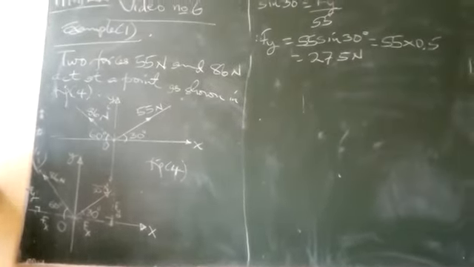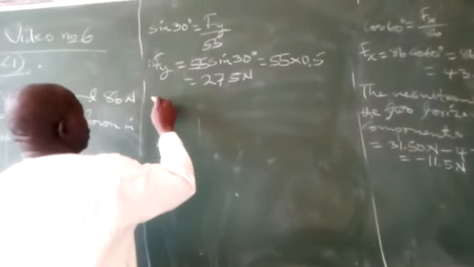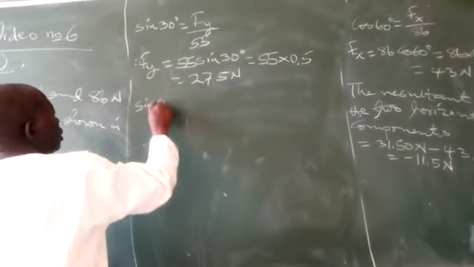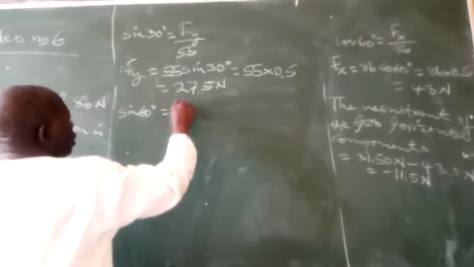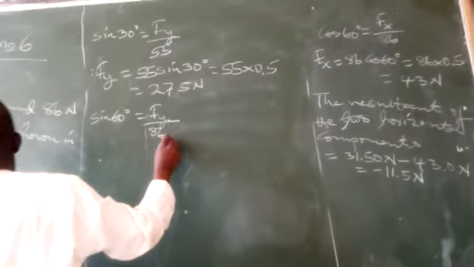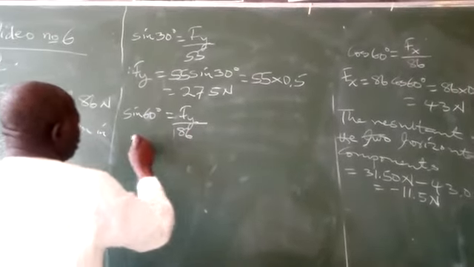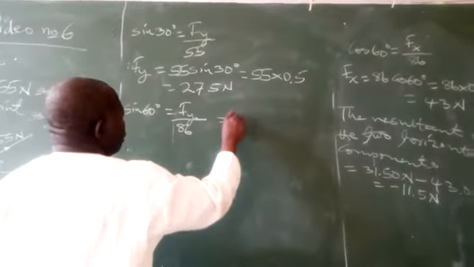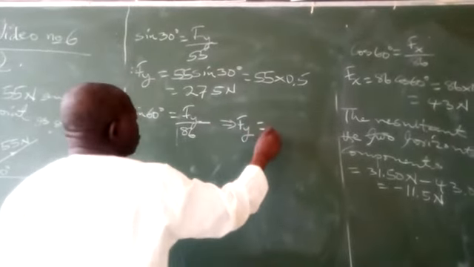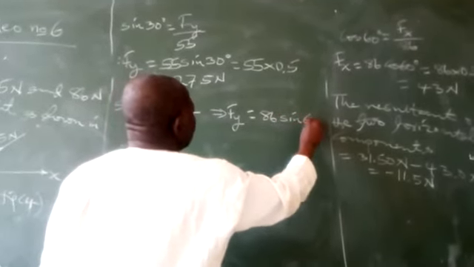Then, for the second force, the vertical component is also represented by f sub y here, which is also opposite to that angle 60 degrees. So now, sine 60 degrees is equal to f sub y over 86, because 86 is the hypotenuse. By cross multiplication, f sub y is equal to 86 sine 60 degrees.